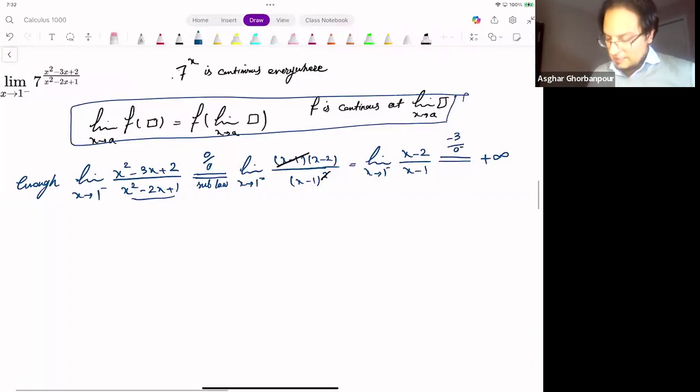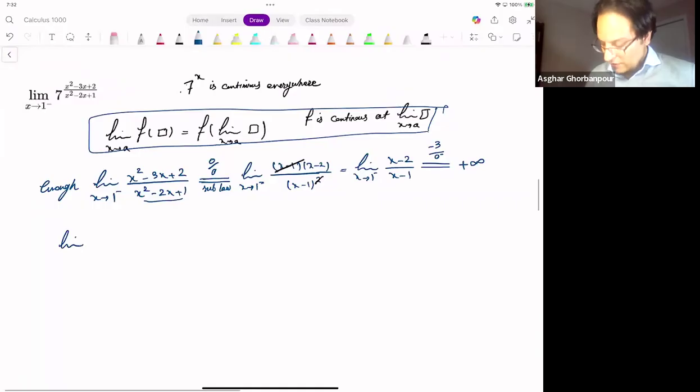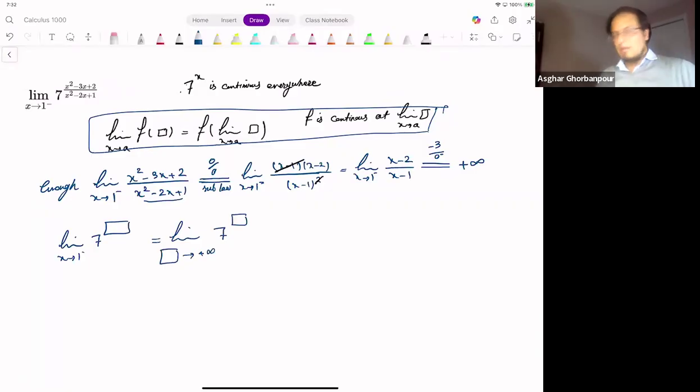So what happened here was the limit of 7 to the power box as x went to 1 from the left is like the limit of box going to plus infinity of 7 to the power box. I'm kind of using substitution for limits, but that's basically based on this fact here. 7 to the power box as box goes to plus infinity, what is the value of that limit?